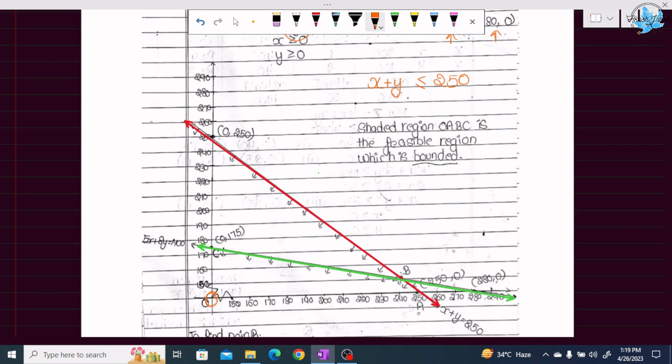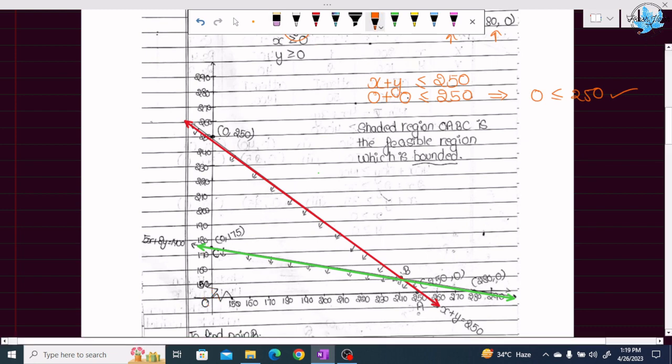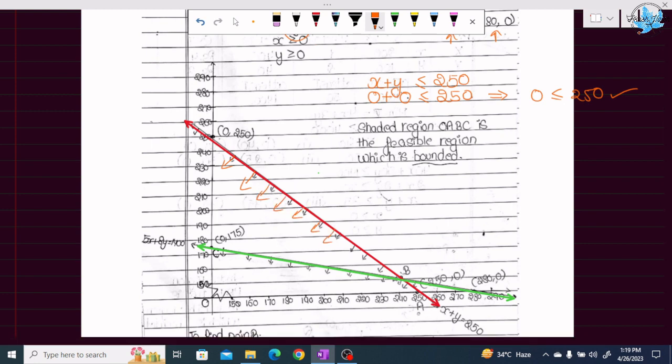At the origin, the values of x and y are 0. If I put these values in the equation and it satisfies it, I get 0, which is less than 250. So it is true. If it is true, it means the arrow on the line will come towards the origin. It means this side will be shaded.